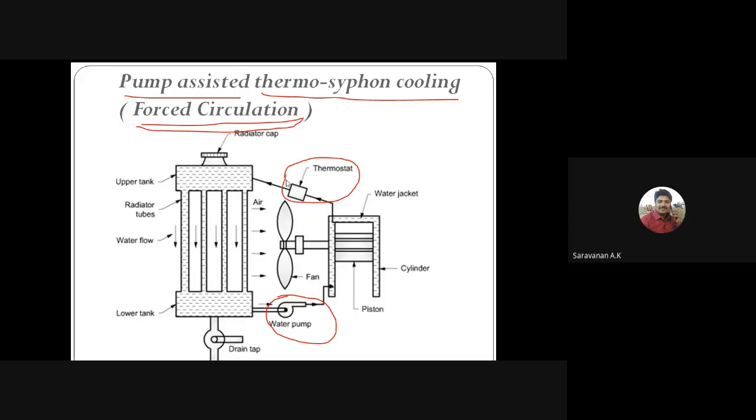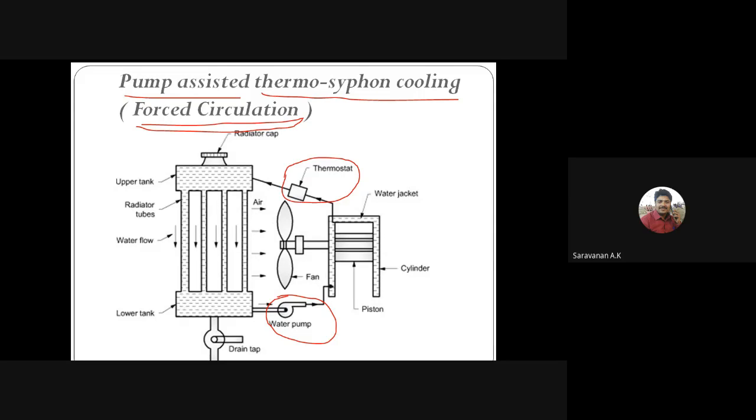Here it is called forced circulation of cooling, or the pump assisted one. So the drawbacks encountered with the previous thermosyphon systems are overcome.